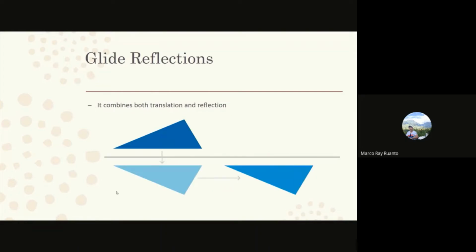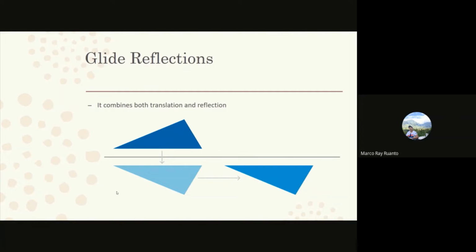Okay, then we also have a glide reflection. It's a combination of a translation and reflection. What is happening in a glide reflection is that first it is reflected, then it is translated, and the movement is always parallel to the axis of symmetry, or the axis of reflection.